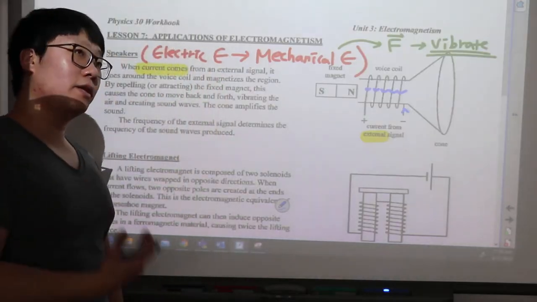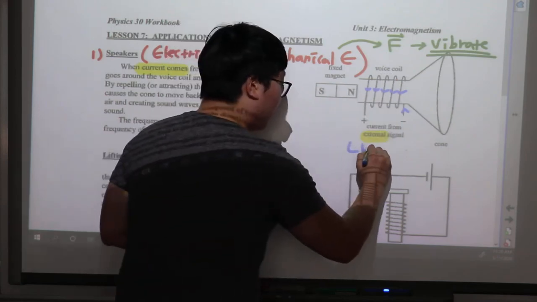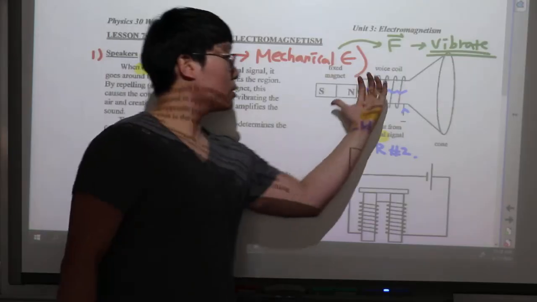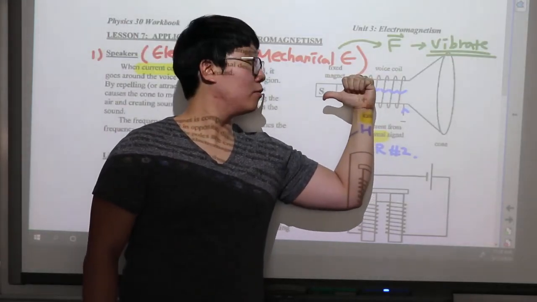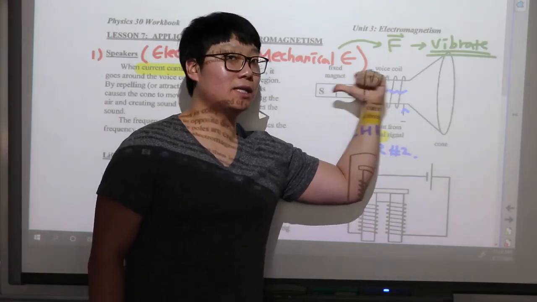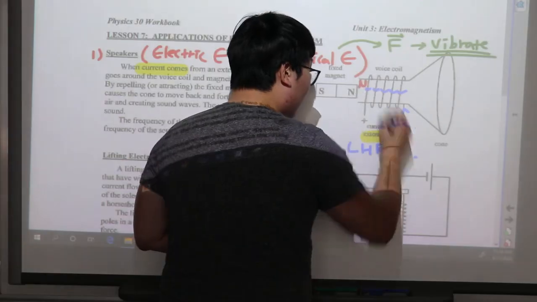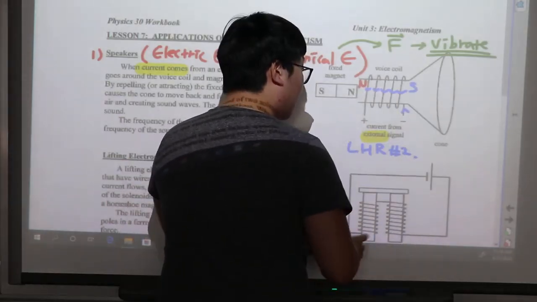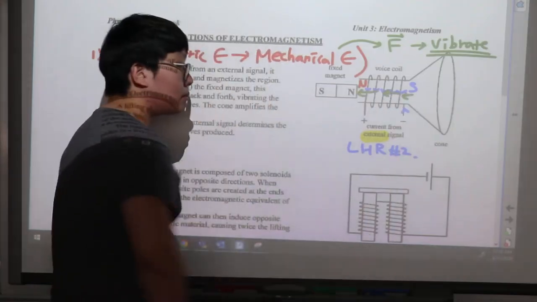So if you actually think about it, this is left hand rule number 2, which is 4 fingers in front of you. And my thumb, which is directed towards west, represents my north. The other side represents my south, because my magnetic field inside should go like this.